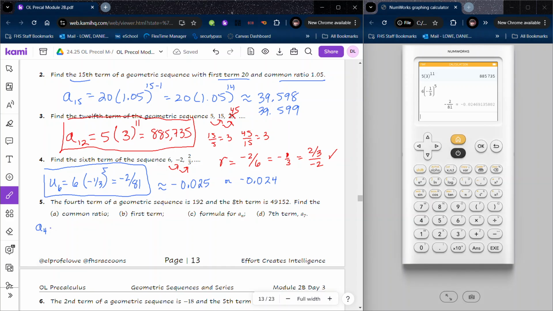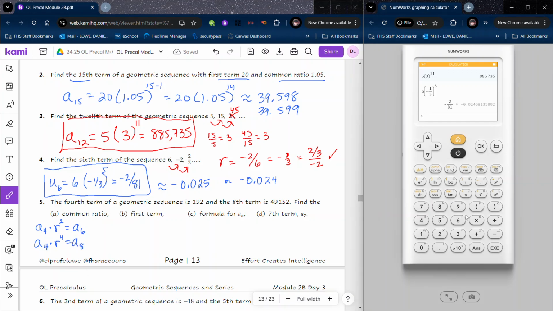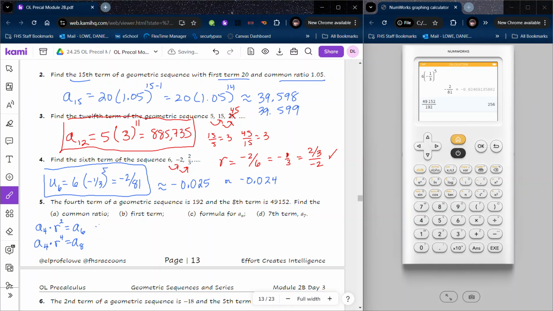A sub 4 times r squared would be a sub 6. A sub 4 times r to the 4th would be a sub 8. So that means 49,152 divided by 192 is going to give us r to the 4th, and that's 256.